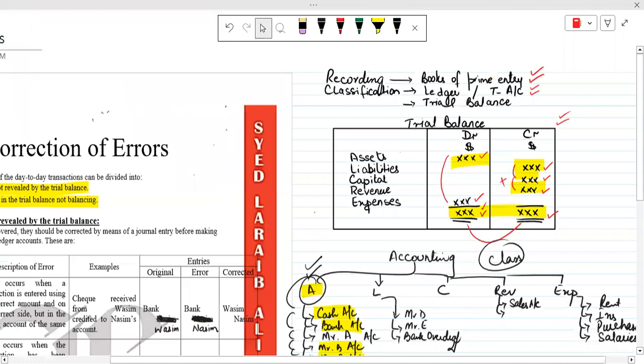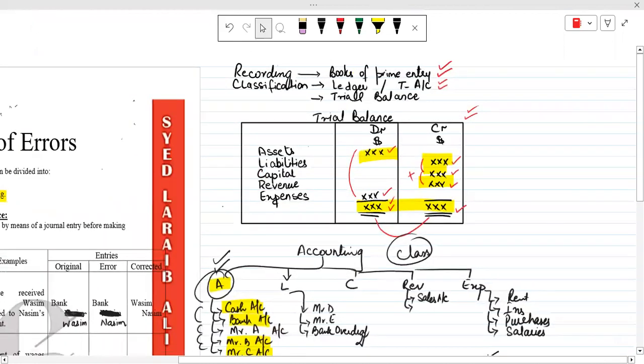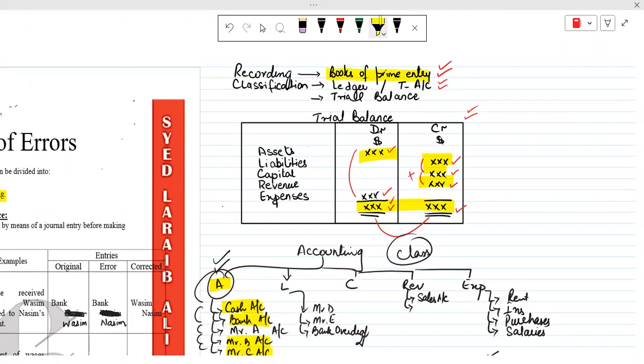Before we move on to this topic, let me give you a little recap. Whenever a transaction occurs, it is recorded in books of prime entry like sales journal, purchase journal, sales return journal, purchase return journal, general journal, and cash books. Later, these transactions are grouped together and classified into T accounts, into ledgers.